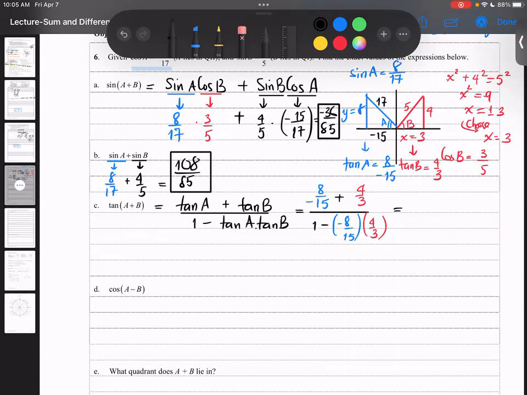Okay, I'm sorry, I add instead of multiply. So times, I should say times. My last operation was wrong. Divided by 7 divided by. Okay, I got 36 over 77.